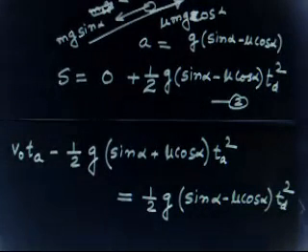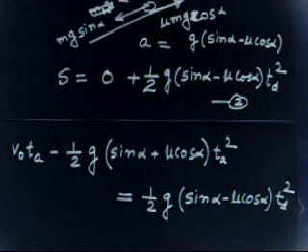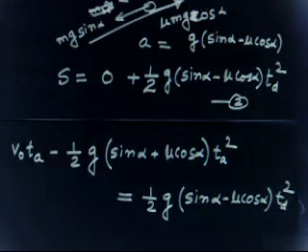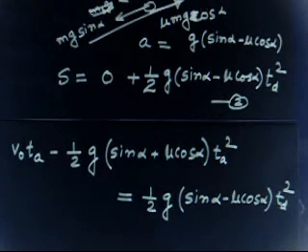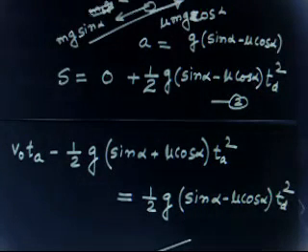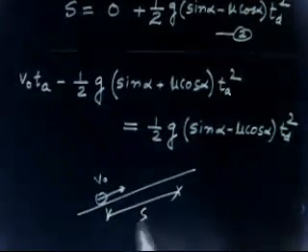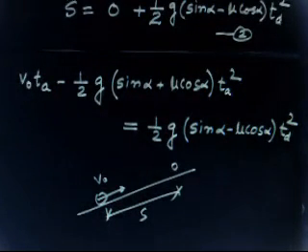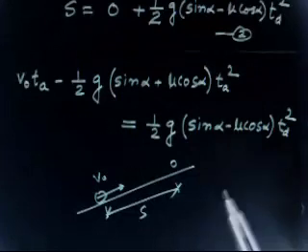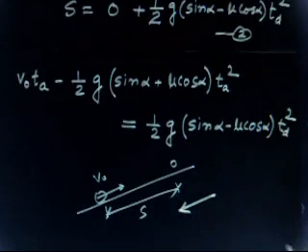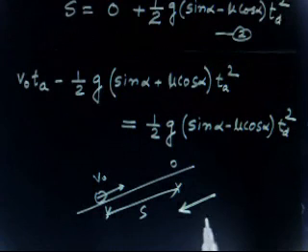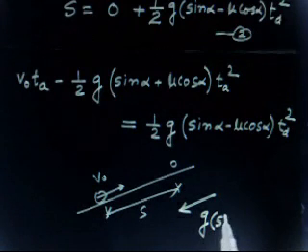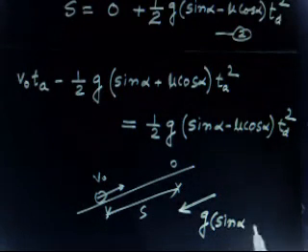Now I have to eliminate V naught also. So what can I do to eliminate V naught? If you see the previous journey, the ascent journey, it has been thrown with velocity V naught, and after traveling distance S, the final velocity becomes 0. The acceleration in this case is basically deceleration, downward acceleration: g sin alpha plus mu cos alpha. You check your copy, you will get the same thing.